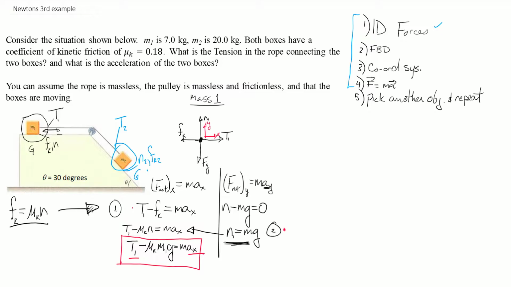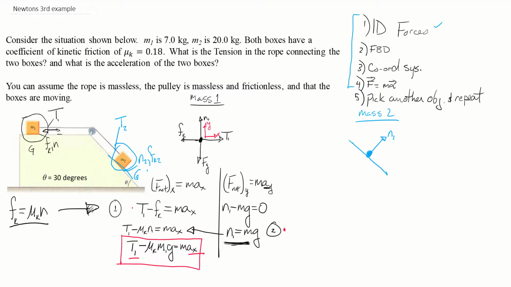Now we're going to draw a free body diagram, step 2. Now again, I like to draw sort of a line for that ramp so I can orient myself. And there's my block mass 2 here. I'm going to write mass 2 up here so we can keep things straight. And I'm going to label all my forces. I know the normal force is always perpendicular to the surface applying it, so that's my normal force.